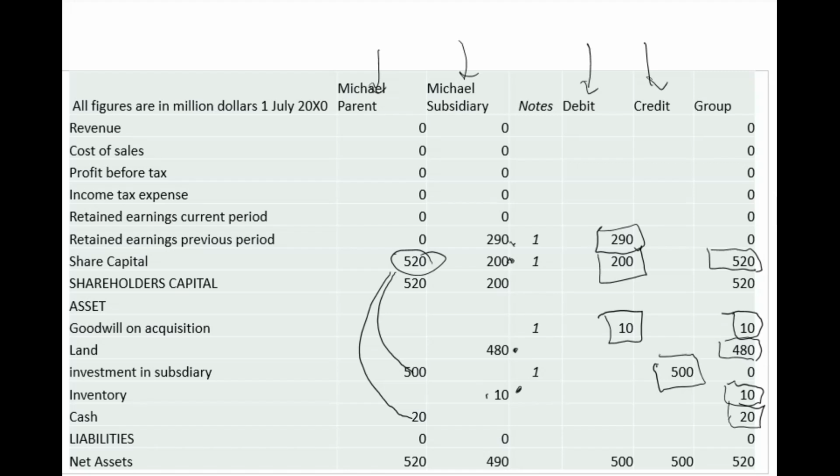What we see is the consolidated financial statement position is represented by Michael's share capital, which Michael raised, and they're represented by what Michael had, which is 20 million of cash, and then what Michael took control over in the subsidiary, which is 480 million of land and inventory of 10 million, and then the goodwill that was embedded in the subsidiary of 10 million.